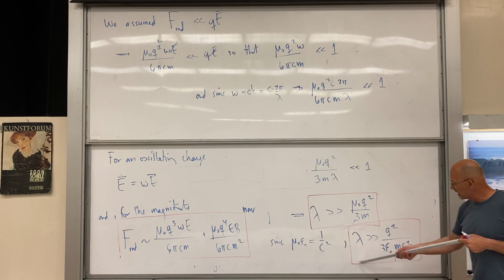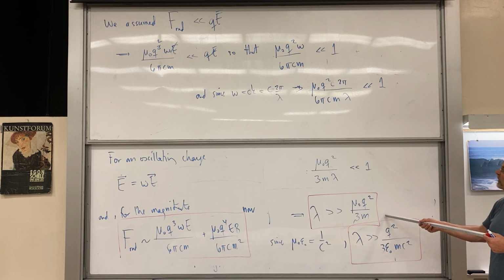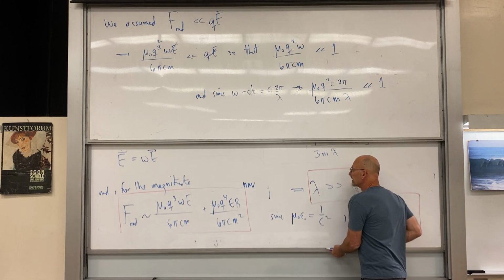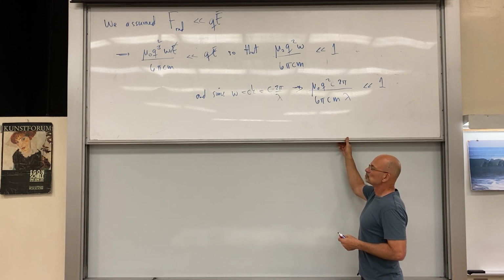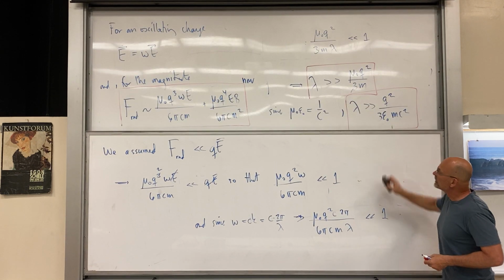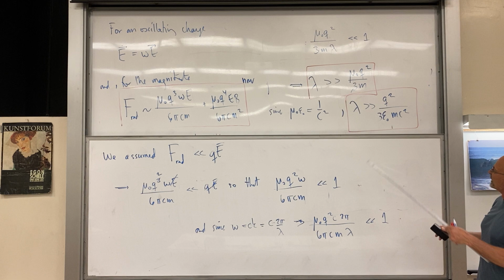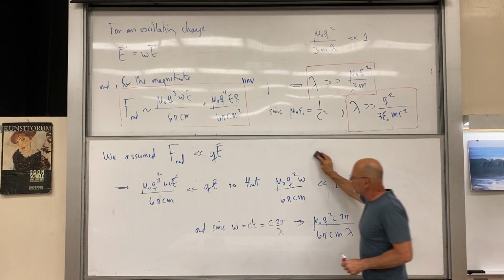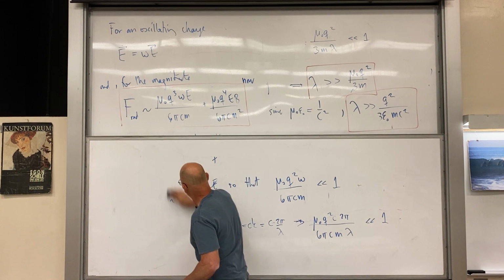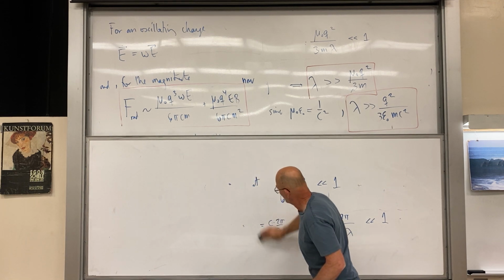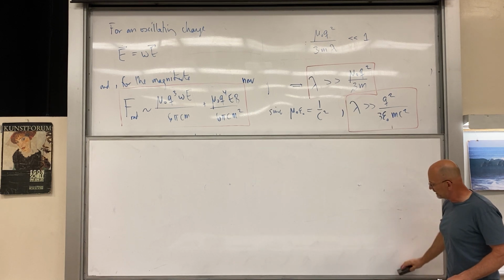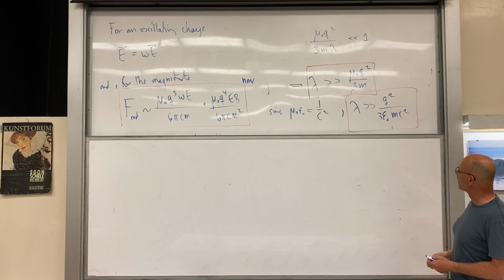But this expression here has a bit more meaning. We'll return to it, and then we'll summarize all these things. So this is one of the criteria, the wavelength criteria. Classically, the wavelength can't just be arbitrarily small.